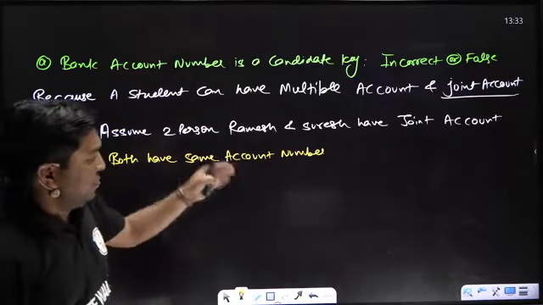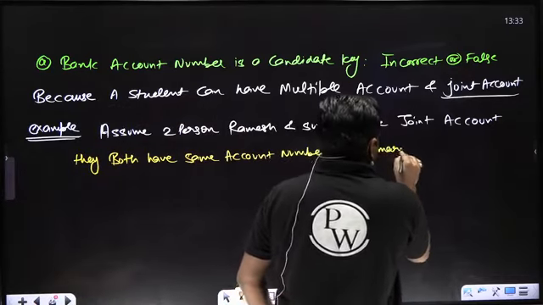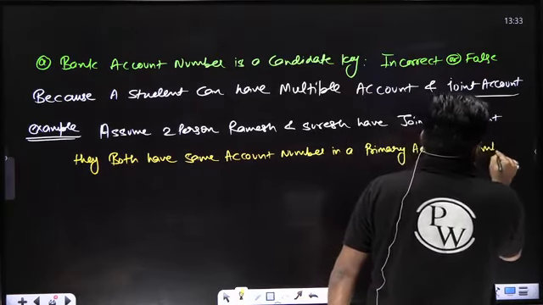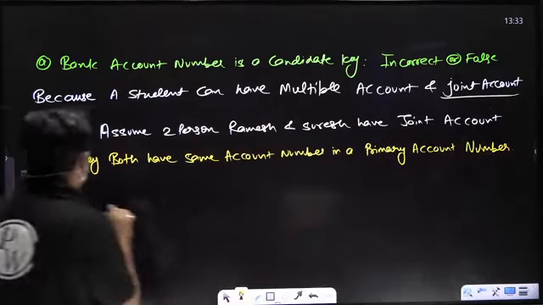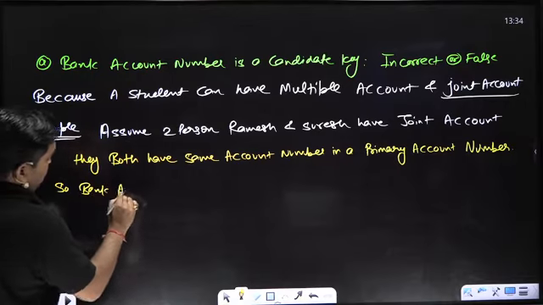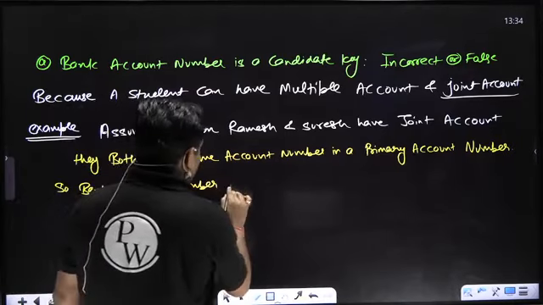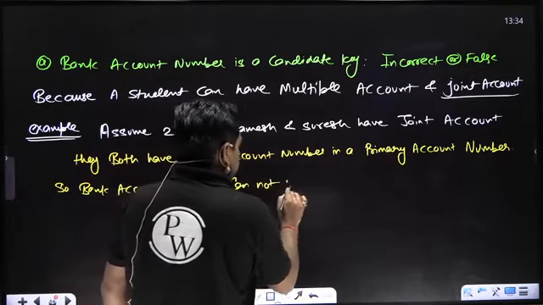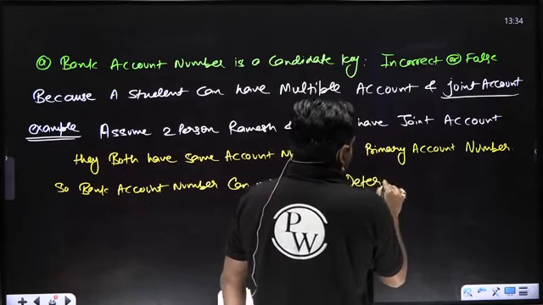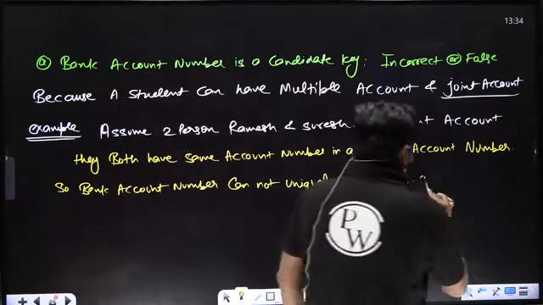They both have the same account number as the primary account number. So the bank account number cannot uniquely determine, my dear, and a bank account number cannot be a key.